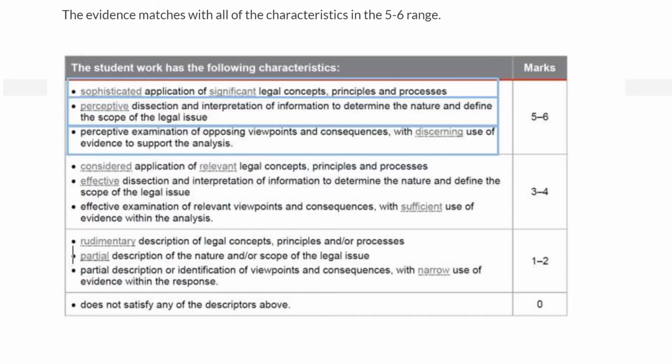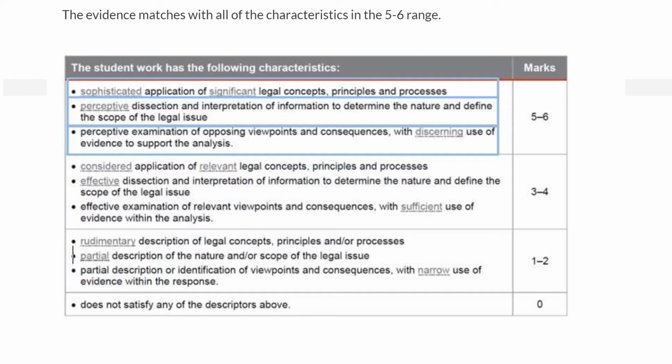This slide shows us an example of an ISMG which is calculated using the best fit approach. You can see this is one of the objectives, and then we've got the 3 descriptors within each band. For this task, this student has achieved 3 of the objectives in the first criterion: sophisticated application, perceptive dissection, and perceptive examination.